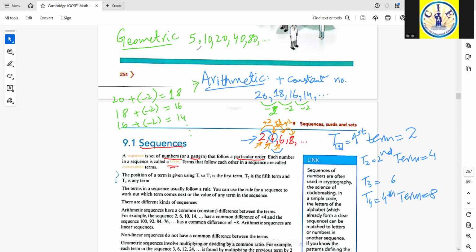You can easily observe that I've got each next term by multiplying the previous term by 2. So similarly, like this, and so on.